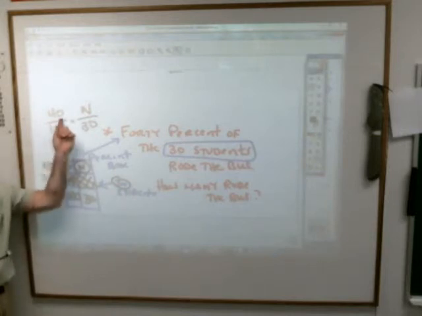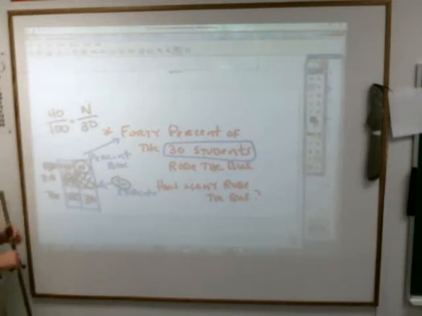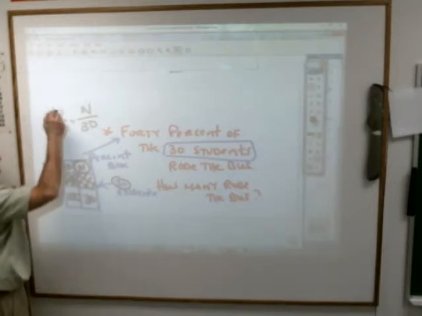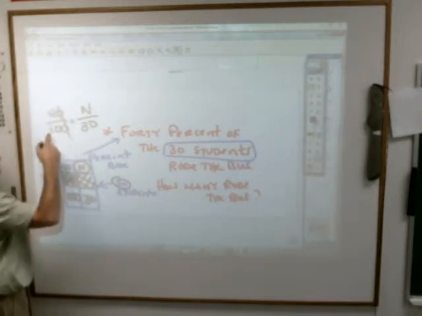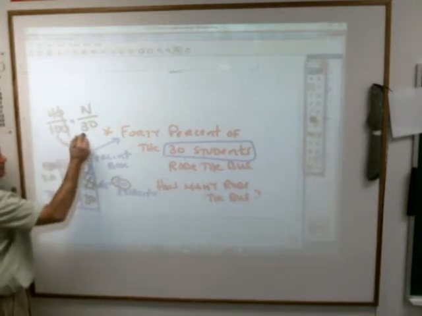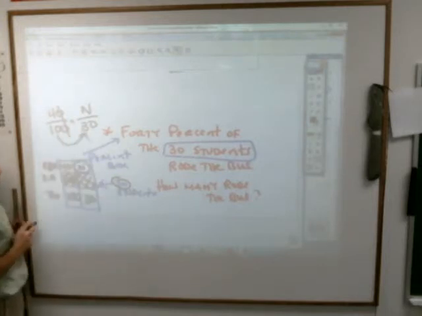Can I reduce 40 over 100? Yes. What number goes into both of them? Let's go with 10, just because. If I reduce them by 10, I end up with 4 over 10. And you could keep reducing it, but it doesn't really help you, because what you're looking for is a number over here that you can multiply evenly to get a number over there.